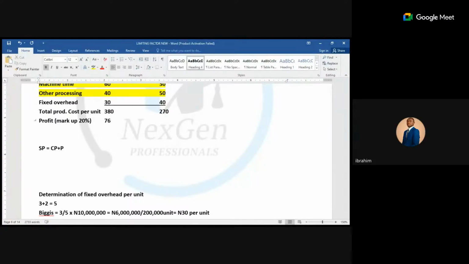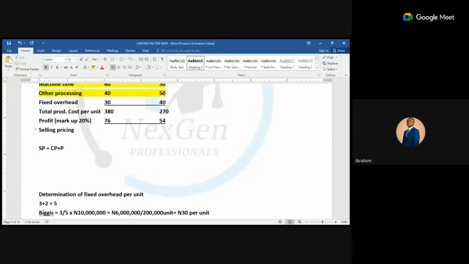What do we have here? 54. That is your profit. So your cost price plus your profit gives you what we call the selling price.